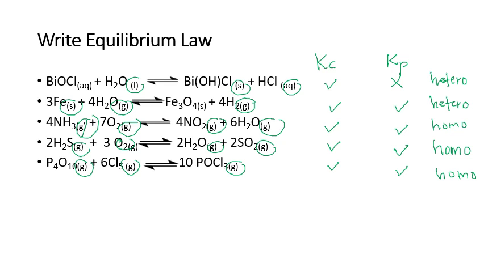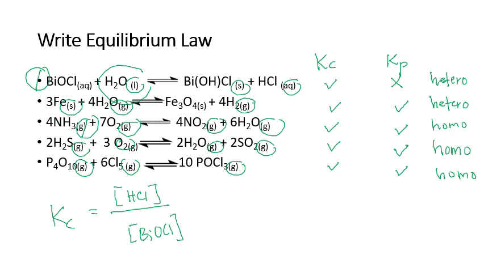Okay, look at the first chemical equilibrium. If I want to write the Kc expression, again, I will start with the product concentration, HCl, over the concentration of BiOCl. Why are H2O and BiOHCl not included?